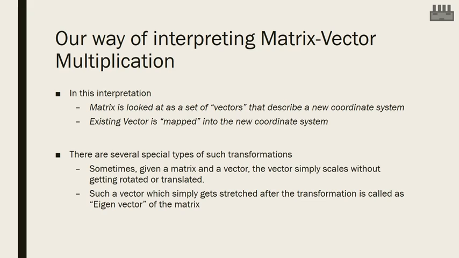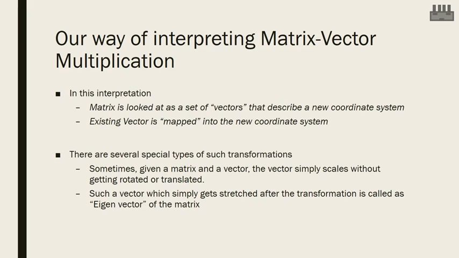And there are some special types of transformations. For example, given a matrix and a vector, when you multiply them, the vector does not move at all. It's just in the same place, it just gets stretched a bit, right? In this case, we saw we moved from 1 comma 2 to minus 3 comma 4. That was almost a left rotation as well as scaling.